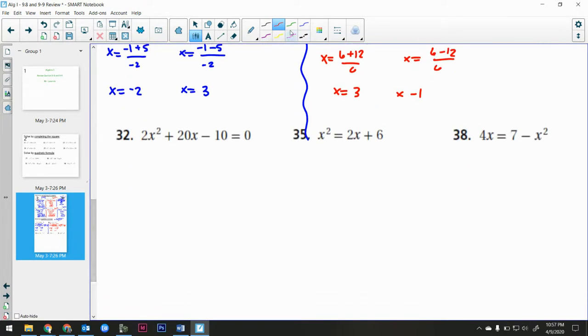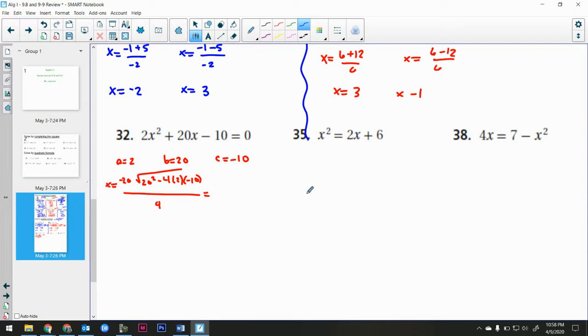Okay, continue on. A is 2, B is 20, C is negative 10. So x equals the opposite of b plus or minus the square root. Ooh, 20 squared. Yikes. Minus 4 times a times c, all divided by 2a.